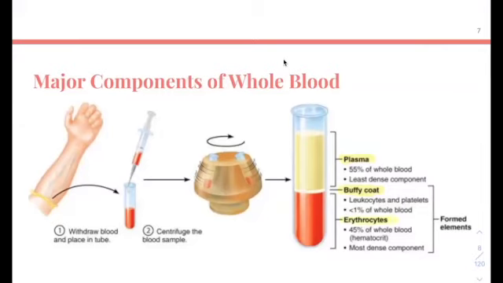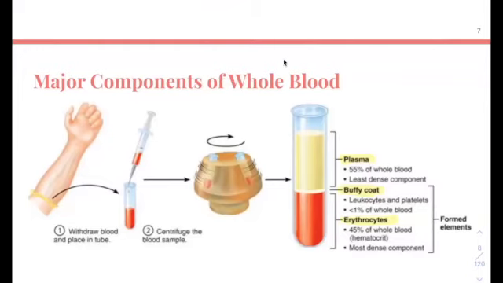The erythrocytes and that buffy coat are what's called formed elements because there's actual cells in there, versus the plasma that's all liquid. If you've ever taken chemistry, I am sure you've used a centrifuge before and seen what the results look like. This is what happens when you use a centrifuge with blood.